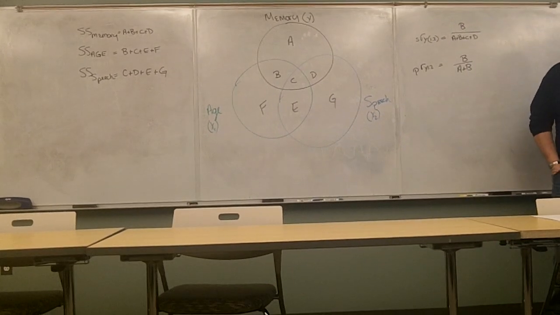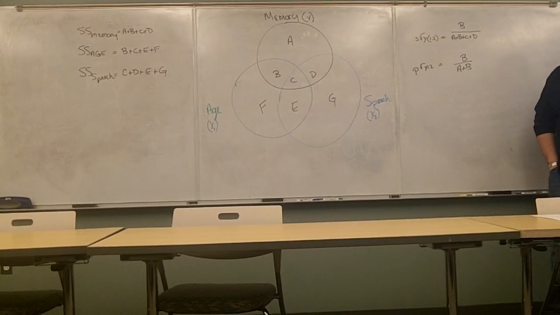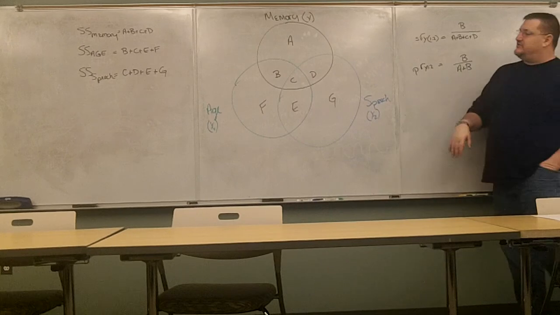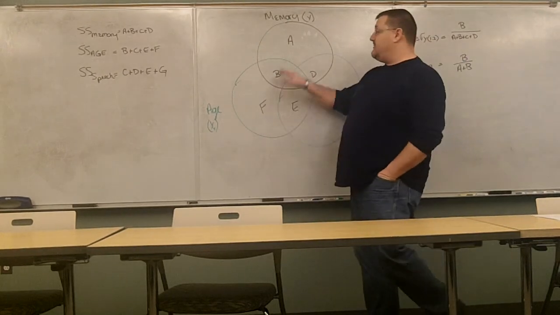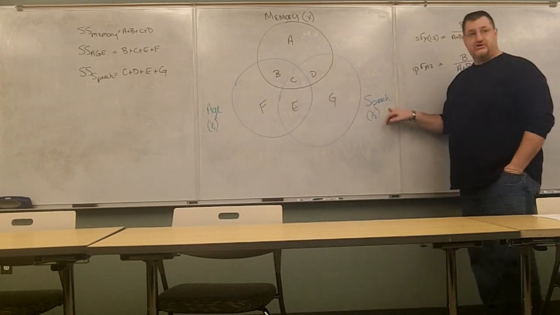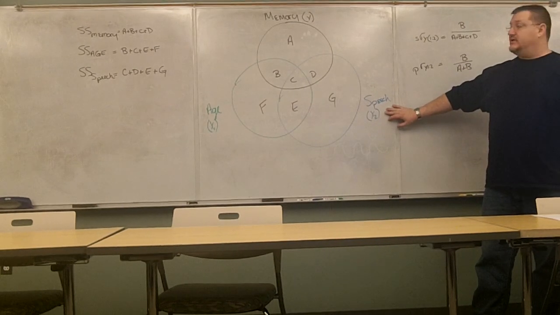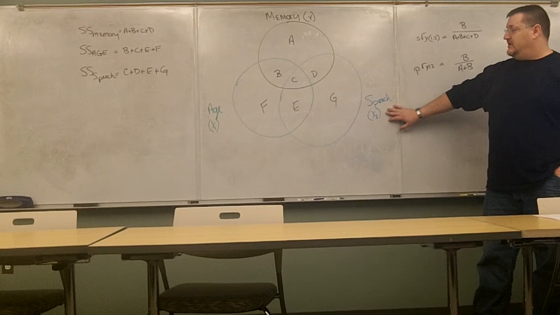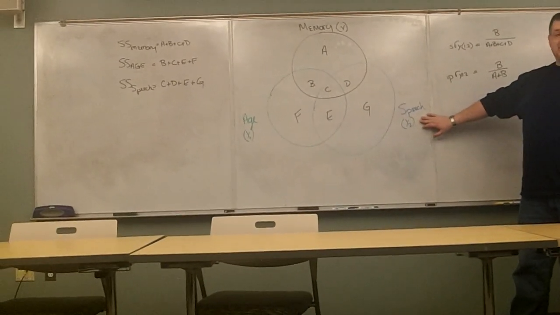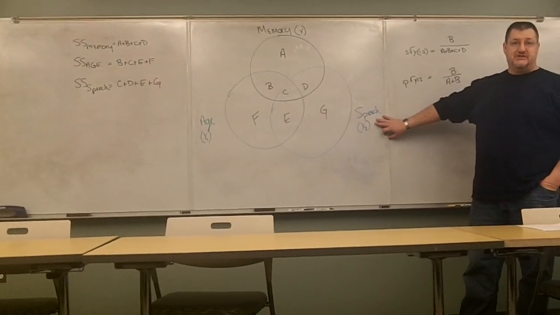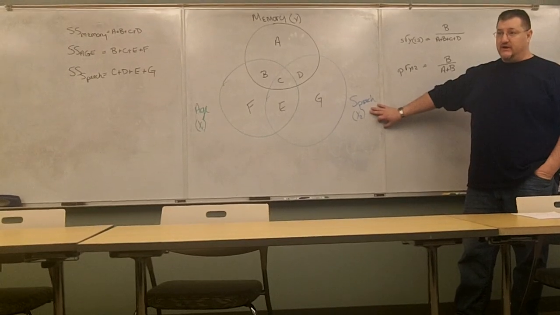Okay? So what we can do is we can say, what does the association say between age and memory after I partial out, or remove, the effect of speech? Well, that's over here, right? When I say remove the effects of speech, you guys know how to do that already.